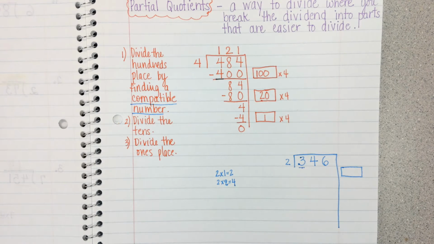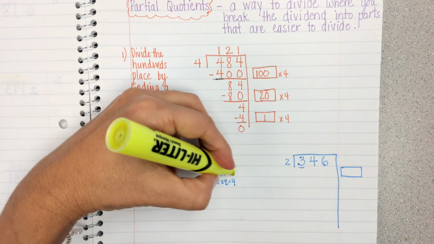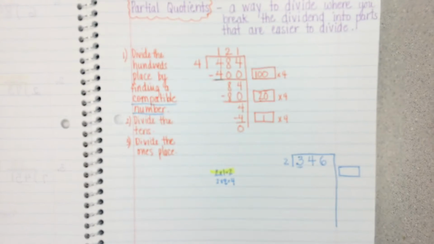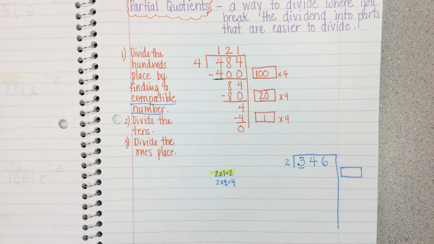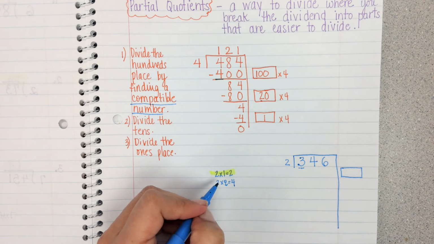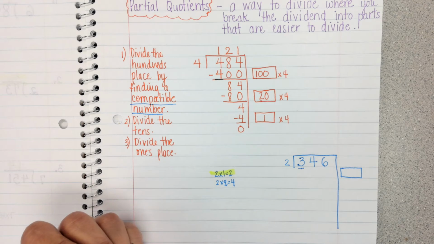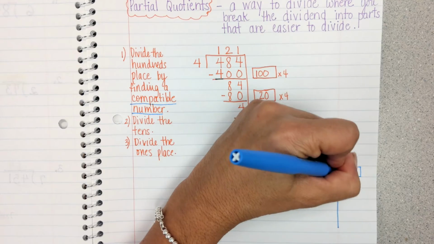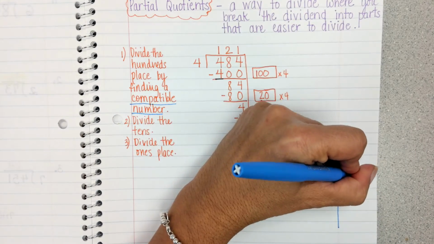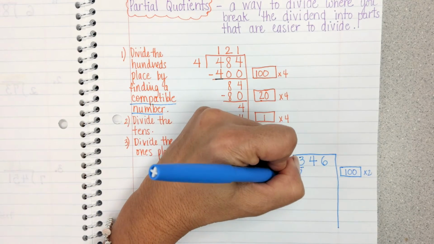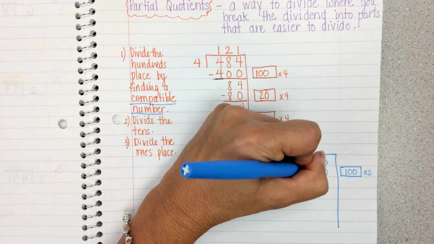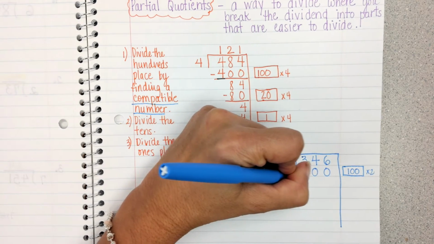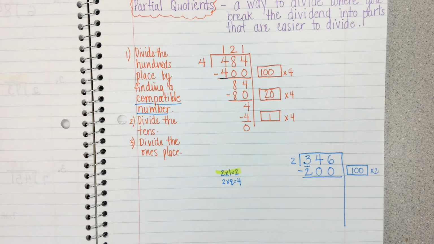So the one that works for us is this very first multiple, 2 times 1. But we don't want to get 2, we want to get 200. So 2 times 100 equals 200. And I know that seems like it's way smaller than 300, but it's close enough.